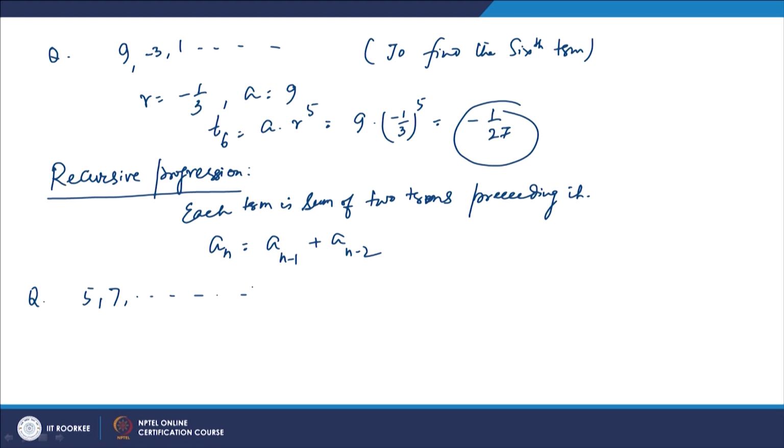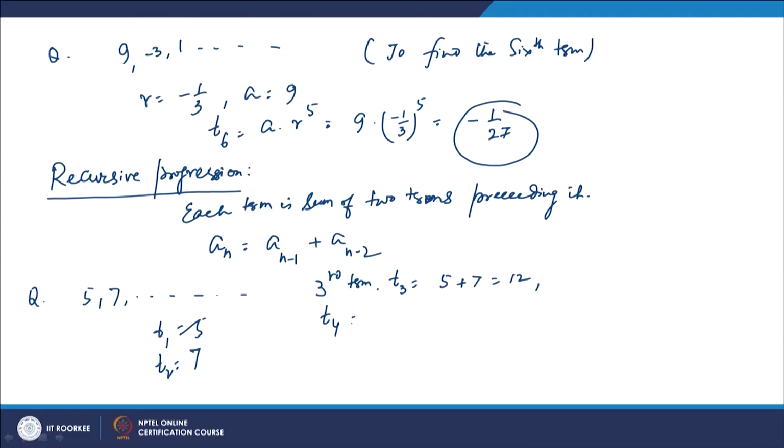As you know, the first term and second term are known, so your third term, T 3, will be 5 plus 7, 12, because T 1 is 5 and T 2 is 7. Similarly, T 4 will be T 2 plus T 3. T 2 is 7 and T 3 is 12.